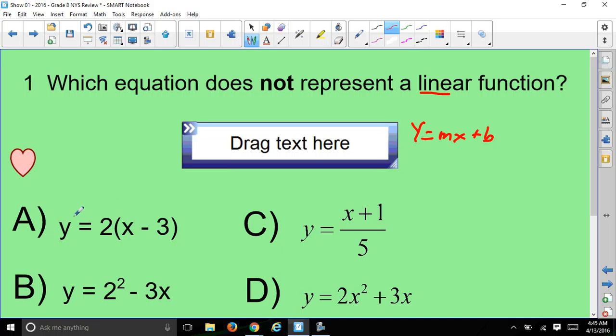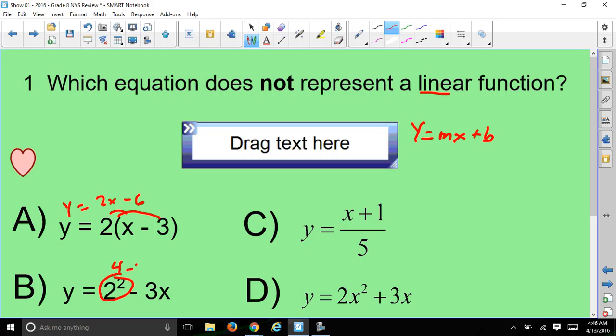So when we look at these equations, here we have y equal, and let's distribute. That'll give us 2x, and distribute again, minus 6. So that's in the shape of y equal mx minus b. Now this one looks a little bit different. It has an exponent in it, and I'm leery about that, but I can change that and simplify it. 2 to the second power will give me 4.